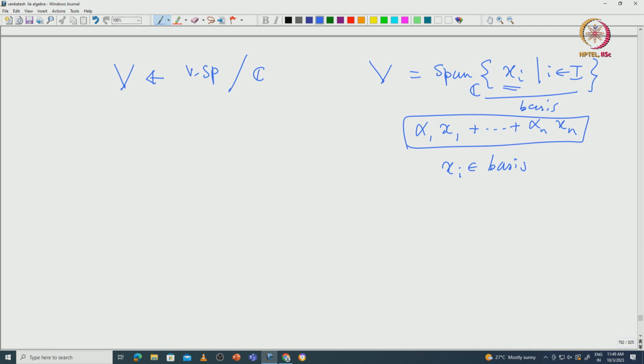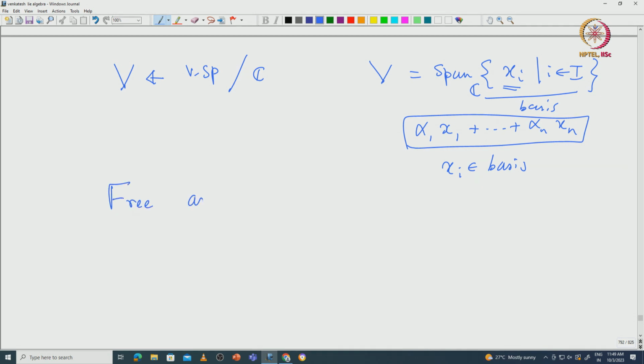That is, we will be able to take products between xi's without any relations. That is all we are doing in order to construct the free associative algebra generated by xi.